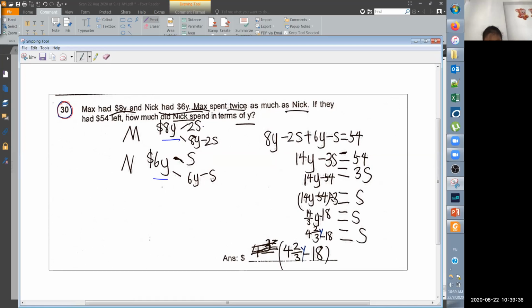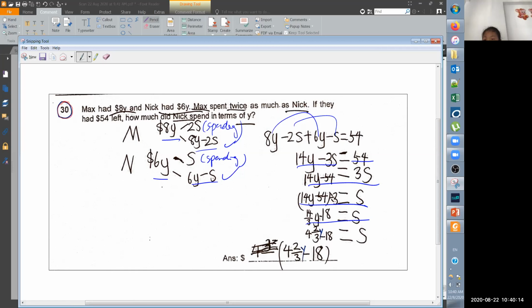So Nick is spending S, and this is Max spending. And if they had 54 left, so basically these two add together to 54. Okay, so S is this. This is good, and this is also good.